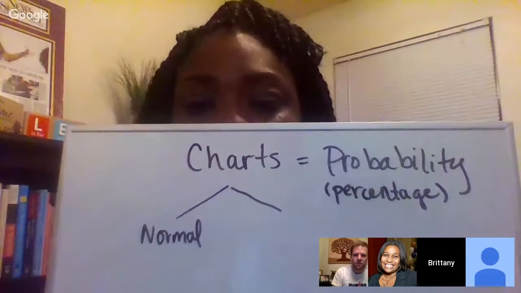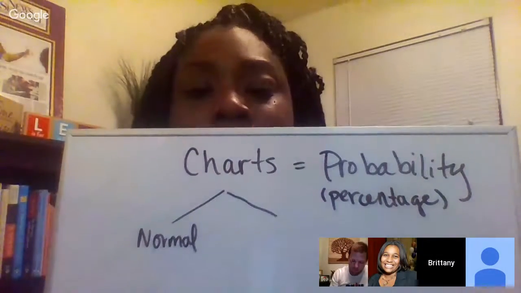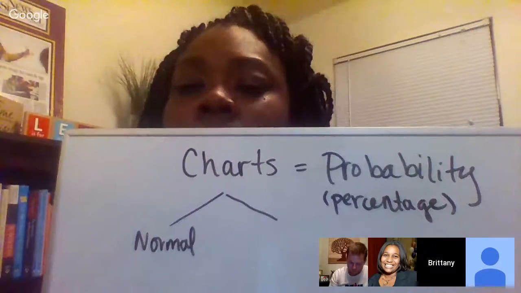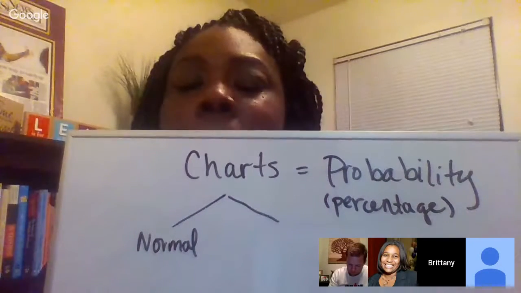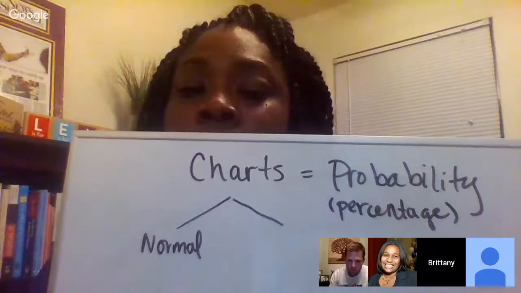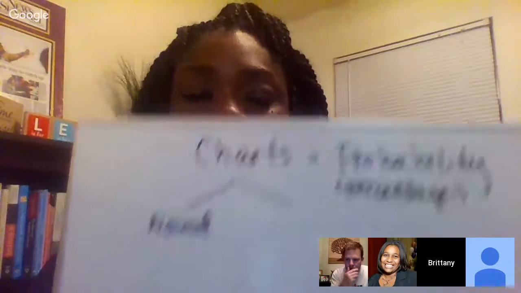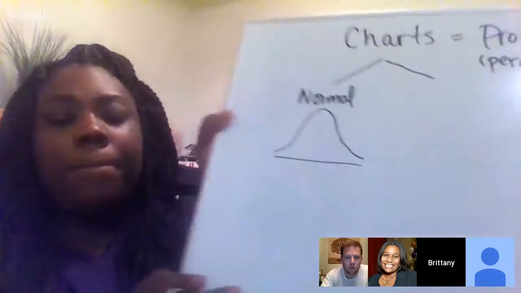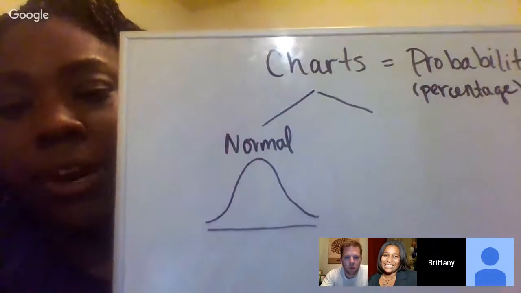So I think what I was saying is that we use the charts to find probability, and probability is used synonymously with percentage. So we have two charts. We have the chart for the normal distribution, and that's going to be the chart that we use. Got our little bell-shaped curve here.